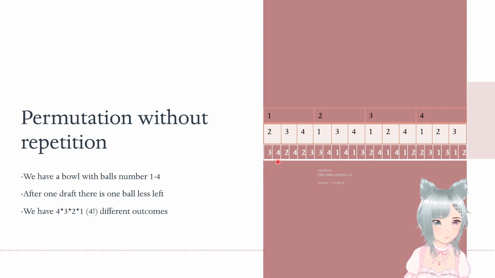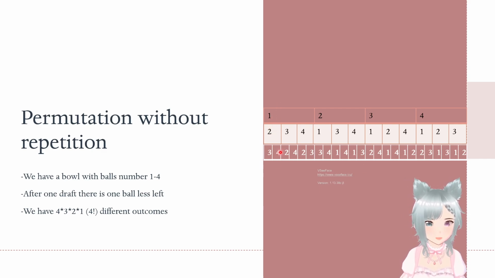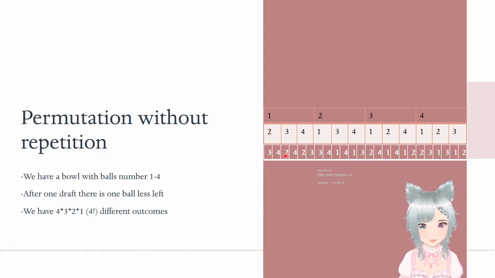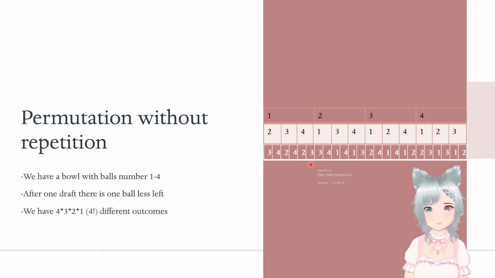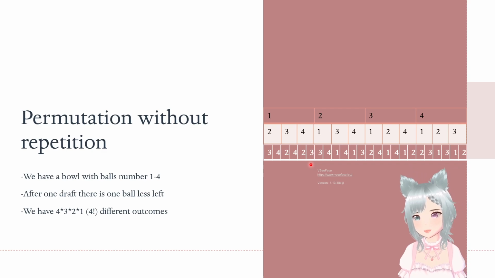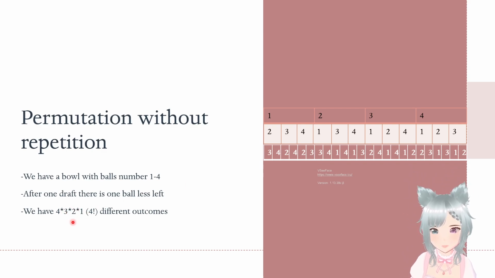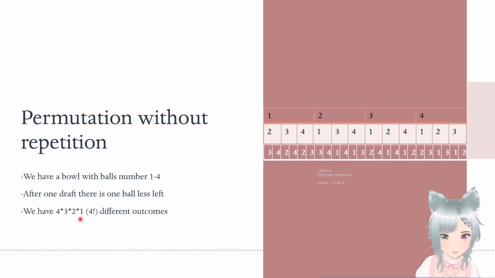There won't be more added, because if you have the 1, the 2, and the 4, there will only be one number available here, only one ball available, that's the 3. Here it's the 4 in this example, and here we only have the 2 available, here only the 3, and here only the 2. So we already know what ball we're pulling out after we pull out 3 times. So we have 4 times 3 times 2 times 1 different outcomes.